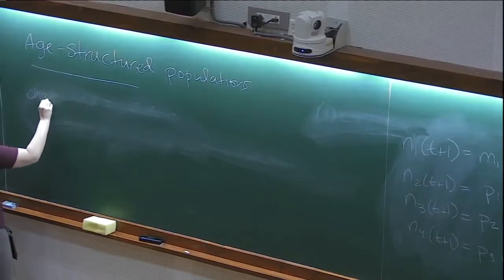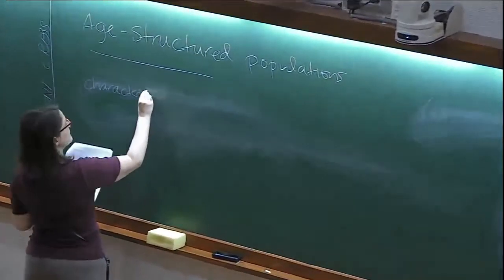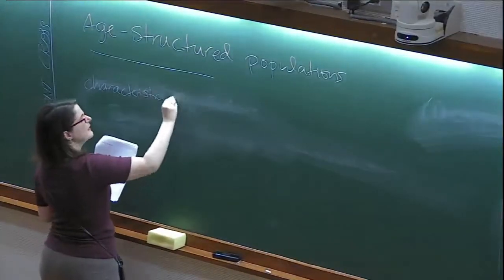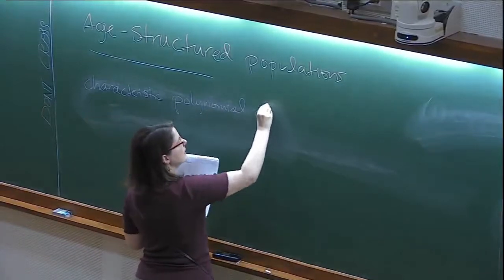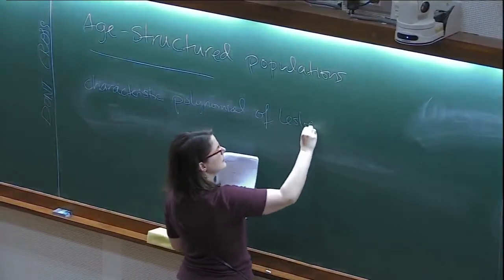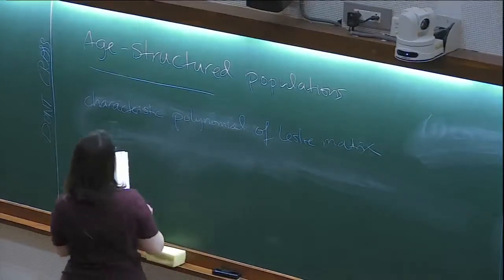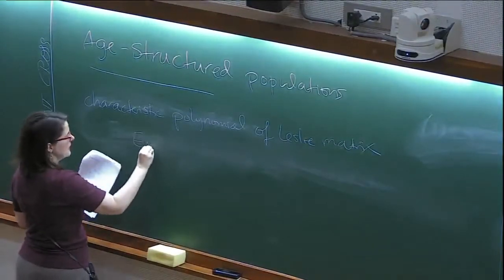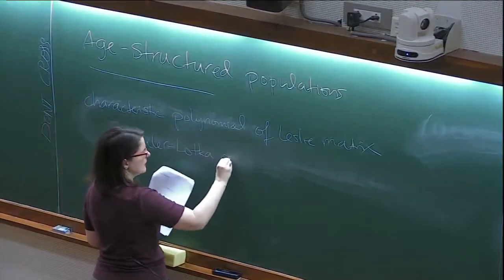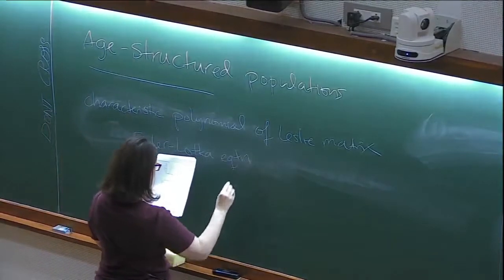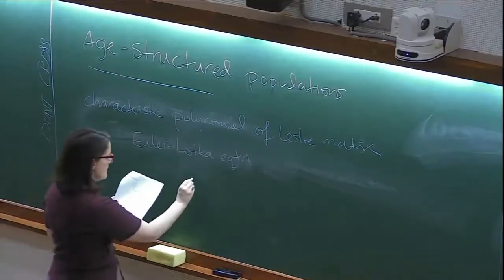So for a Leslie matrix, the characteristic polynomial has a special name. It's often called the Euler-Lotka equation. And there's various ways to write it, but in discrete time.